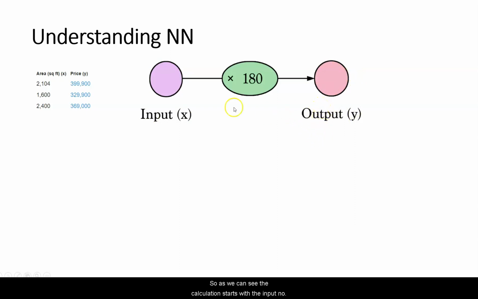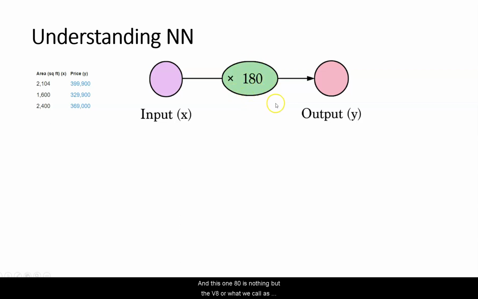As we can see, the calculation starts with the input node, and this input value flows to the right side where it gets multiplied by the average cost per square feet that we have come up with based on this data set, which is 180.